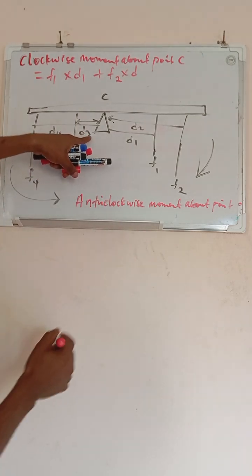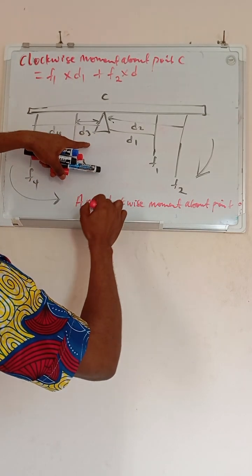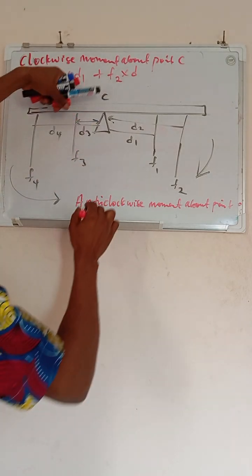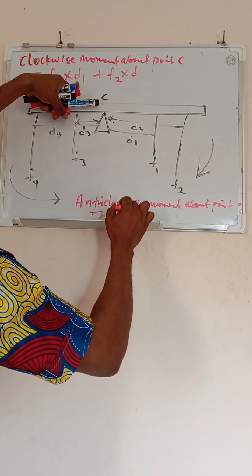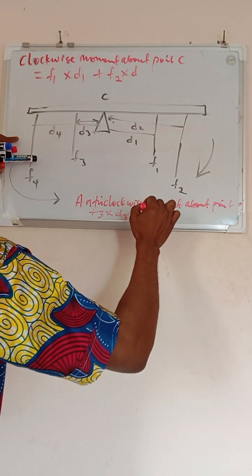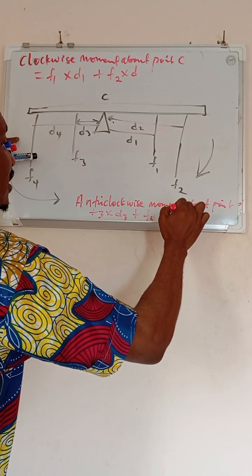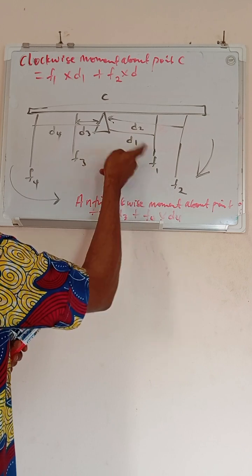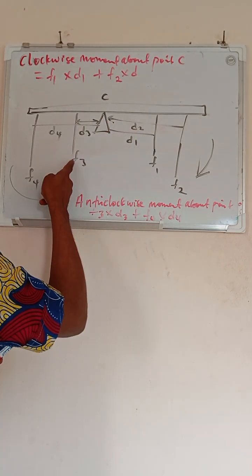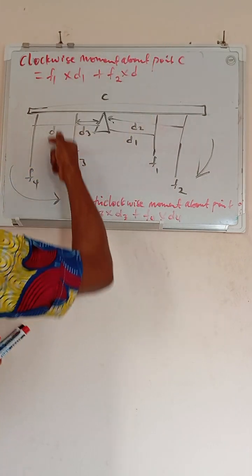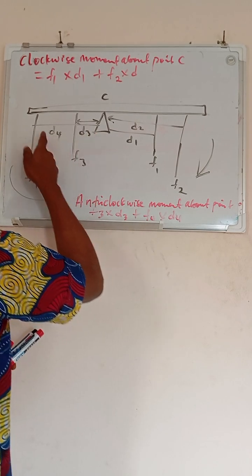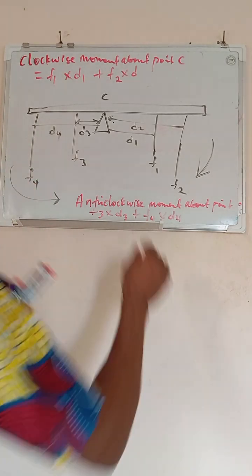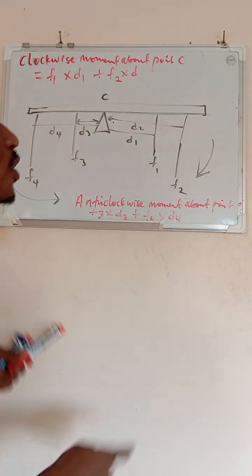So the anti-clockwise moment about point C will be F3 times D3 plus F4 times D4. So F1 times D1 plus F2 times D2 is the clockwise moment, and F3 times D3 plus F4 times D4 is the anti-clockwise moment. So according to this principle, clockwise moment is equal to anti-clockwise moment.